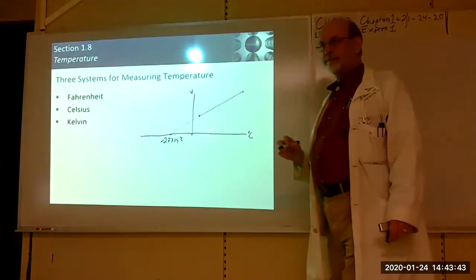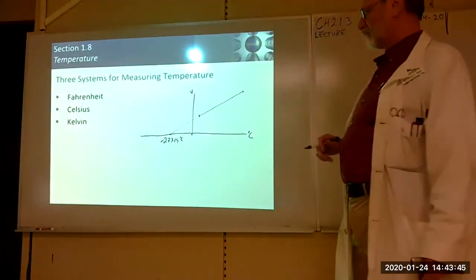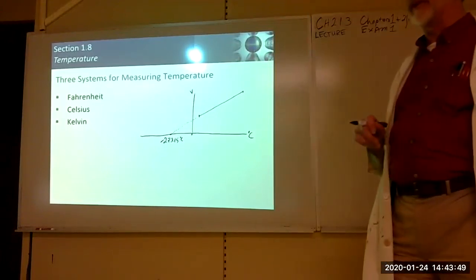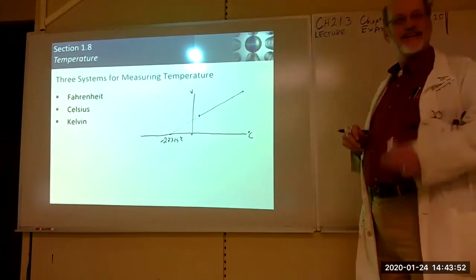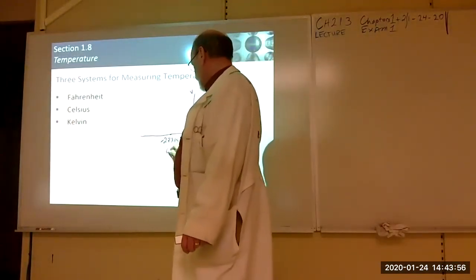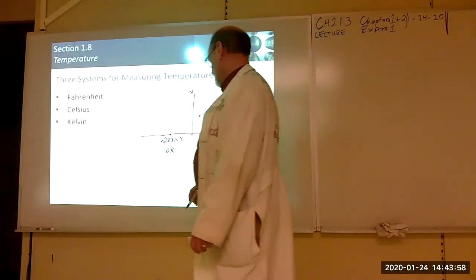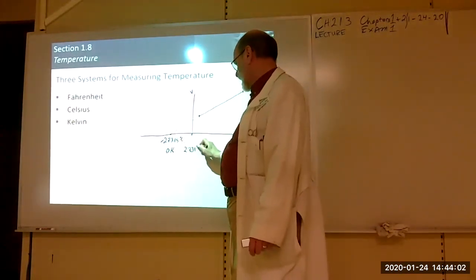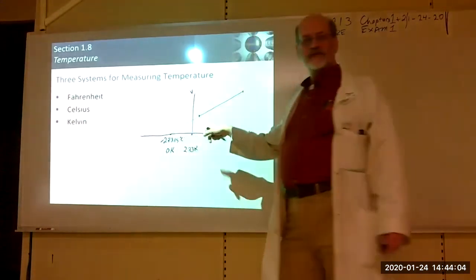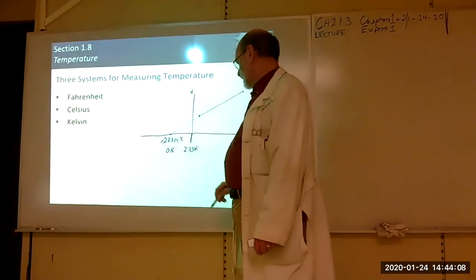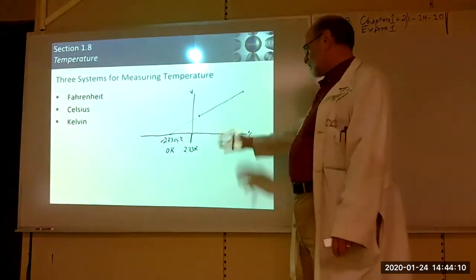Okay? So he said, okay, Lord Kelvin's not good enough for me. I want a temperature scale named after me. So he said, we're going to start on my temperature scale. This is 0. So that means this 0 is 273 K. Doesn't have a degree mark in it, just K. Right? Then it just keeps going.